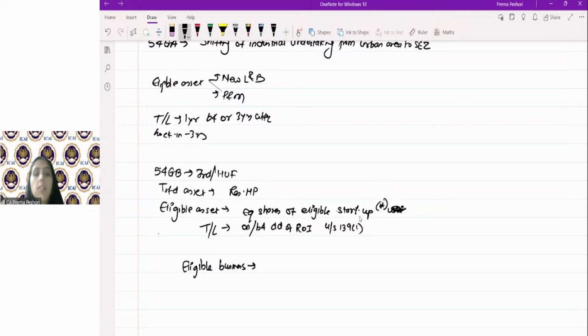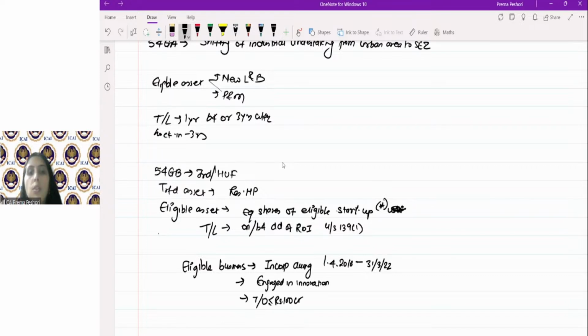Eligible business or eligible startup is in this case incorporated during 1/4/2016 up till 31st March 2022, engaged in the business of innovation, or scalability improvement, with turnover less than or equal to 100 CR and is holding the certificate of the eligible startup, right?